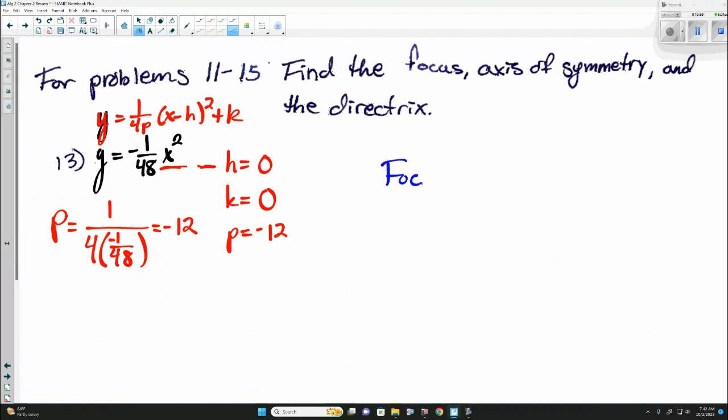Now we need to find the focus first. And since we are talking y equals, our focus is the point h comma k plus p. Now we can calculate k plus p. K is 0, p is negative 12. So it tells us k plus p is negative 12, and h is 0.